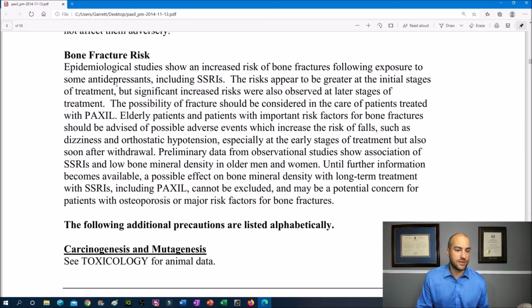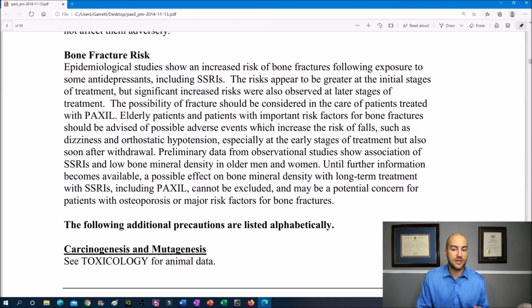Bone fracture risk. Epidemiological studies have shown an increased risk of bone fractures following exposure to some antidepressants, including SSRIs. The risks appear to be greater at the initial stages of treatment, but significant increased risks were also observed at later stages of treatment. The possibility of fracture should be considered in the care of patients treated with Paxil.